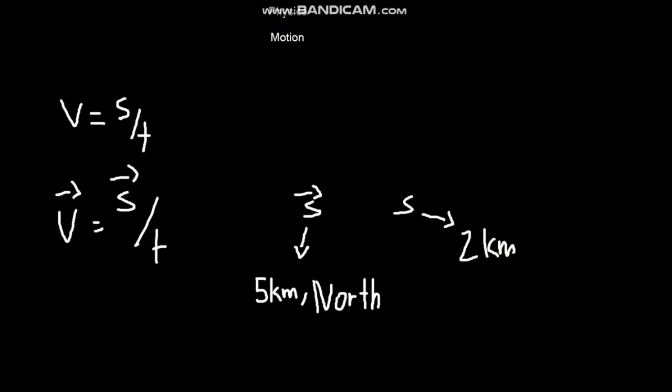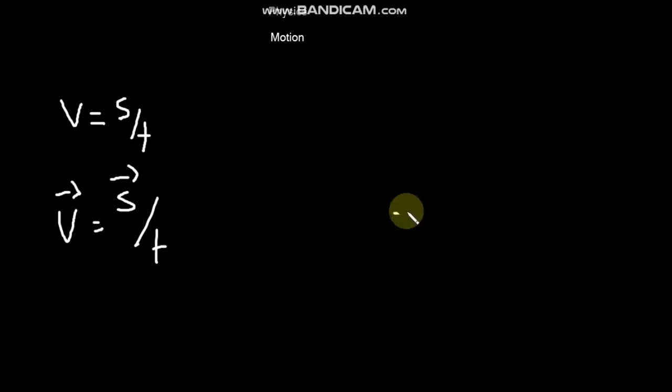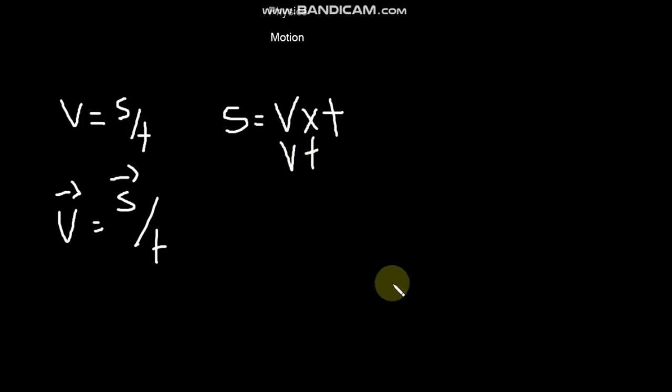So if you have understood, let me tell you the formulas of distance, displacement, and time. To find the distance, you just have to use cross multiplication in both of them, and then you will get that distance is equal to speed times time, or VT in short.